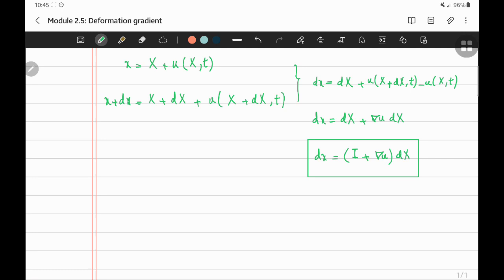In the next chapter, we will see different stress tensors and stress transformations you can use, whether you're in the current or the reference configuration.